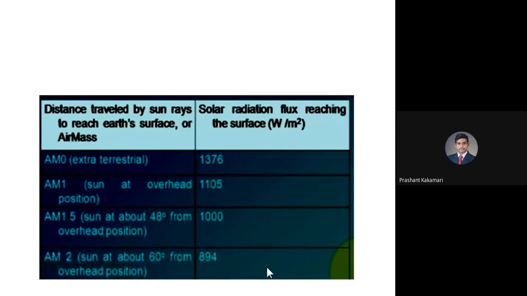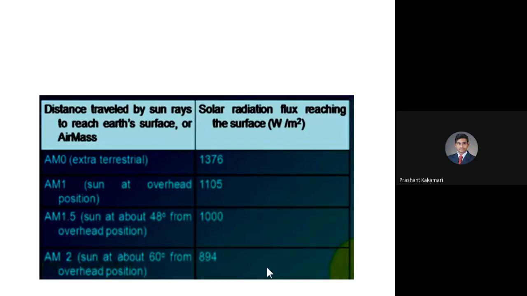But coming to air mass 1, when the sun is exactly aligned with the normal line to the horizontal, the solar radiation is reduced from the solar constant. How much is it reduced? It is reduced to 1105, around 1000. Still, if solar radiation is inclined to the earth's surface from the normal line around 48 degrees, with air mass 1.5, the solar radiation is around 1000 watt per meter square.